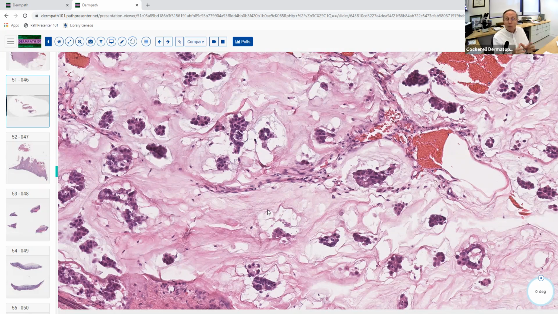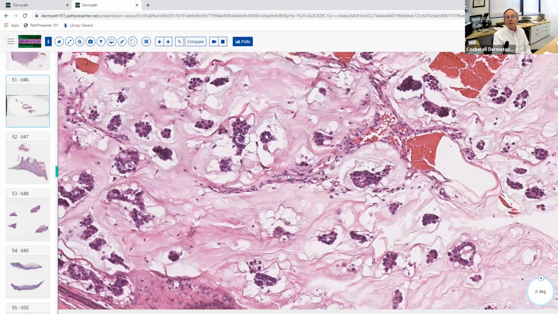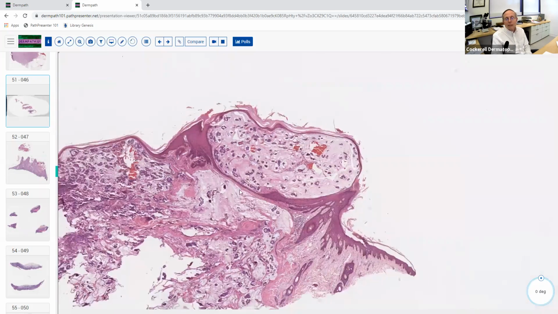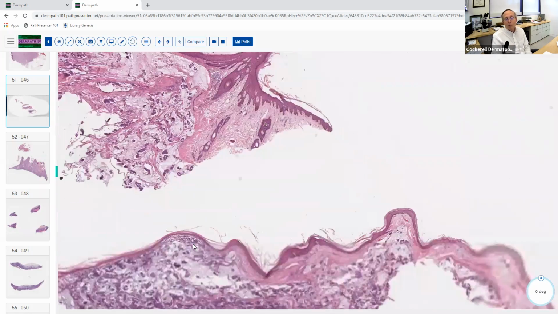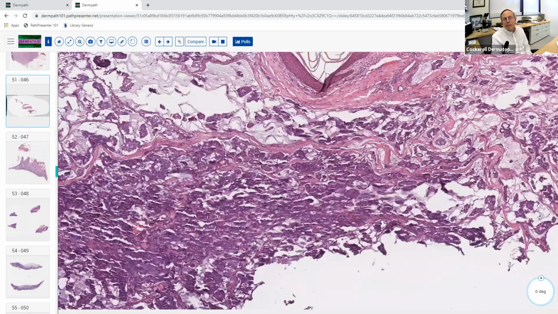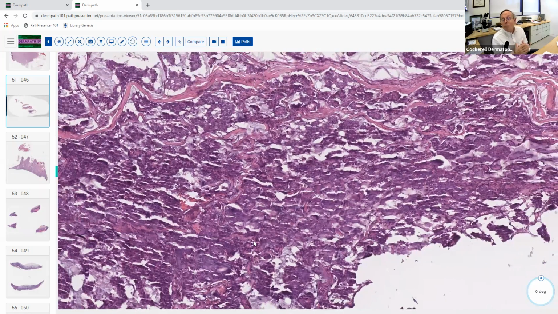Those markers will stain positively in this entity in some cases. Those tend to be a little bit more solid, and they may or may not have as much mucin as this. I think if this were one of those mucin-producing endocrine sweat gland carcinomas, it would probably look more like this. But I'm a lumper rather than a splitter, and I really think these are on the same spectrum, the same basic entity.